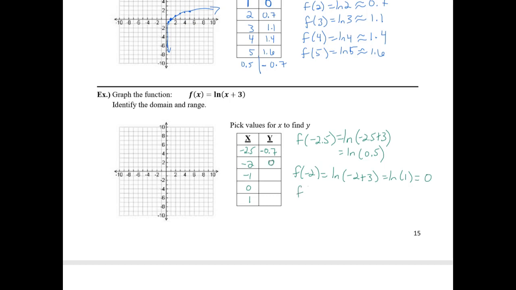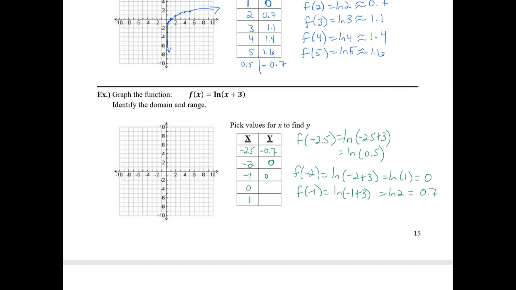Then I'm going to do f of negative 1. The natural log of negative 1 plus 3 will be the natural log of 2, and the natural log of 2 is 0.7. Again, I'm just stealing these numbers from up here. I know the natural log of 2 is 0.7, so right there. You can also use a calculator for these.